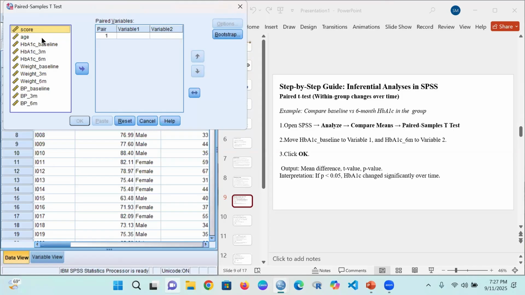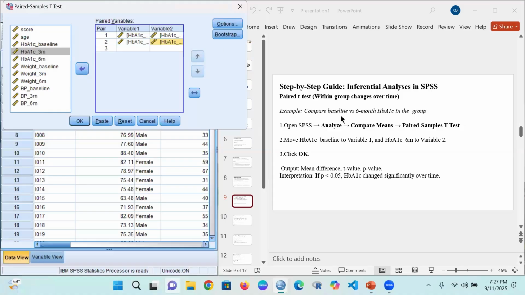The pair that I want to compare is, first of all, the baseline, the data that was taken the first time the patient arrived in the clinic, and after six months. Also, I want to compare baseline and 3 months. That's the data I want to compare for the patient.